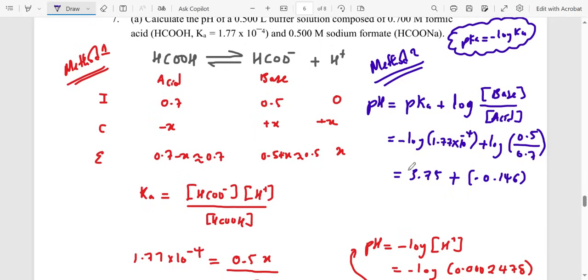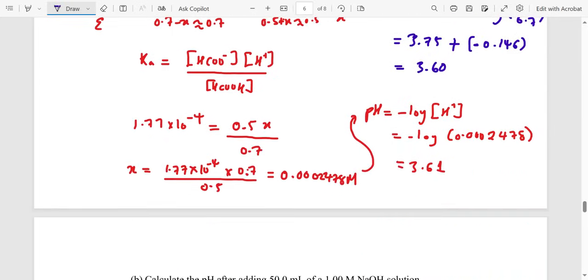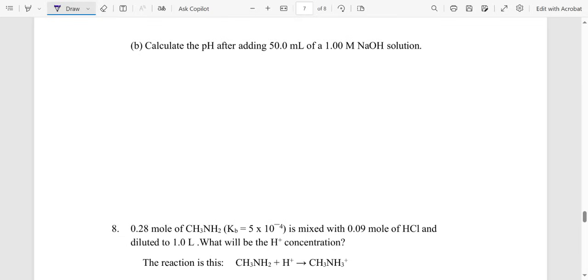Add 3.75 plus negative 0.146, that gives us 3.60. So now you can decide which method you think is better, whether to use the ice table or the Henderson-Hasselbalch equation. The marks are all the same.